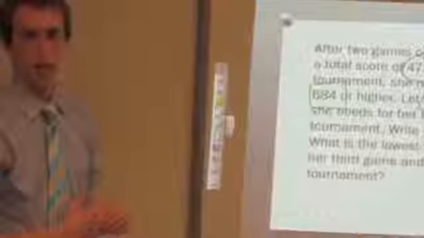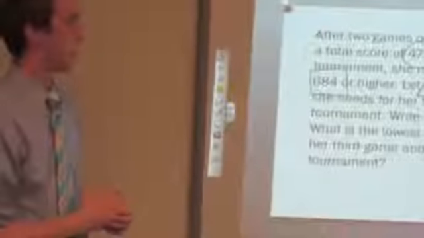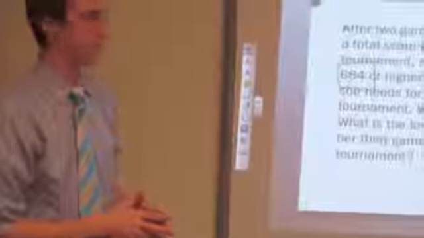Now we're going to look for some key words. So you have a sheet in front of you. It has a little chart of some kind of signaling words. If we look at this, we can see it says, what is the lowest score she can get for her 3rd game and win the tournament?